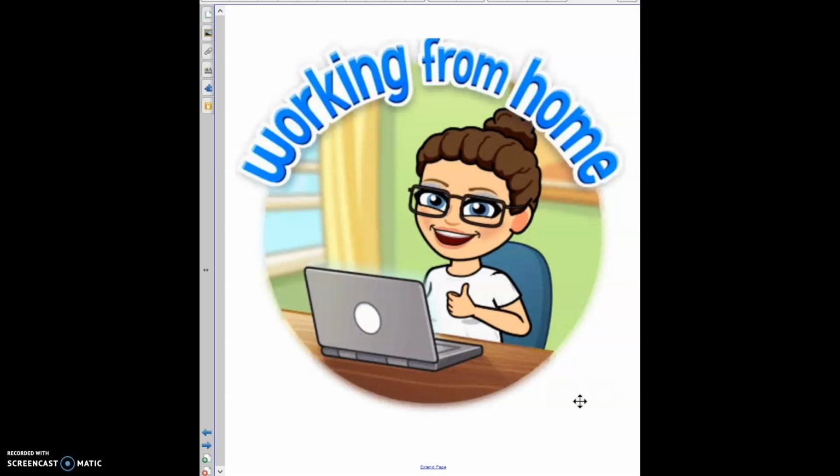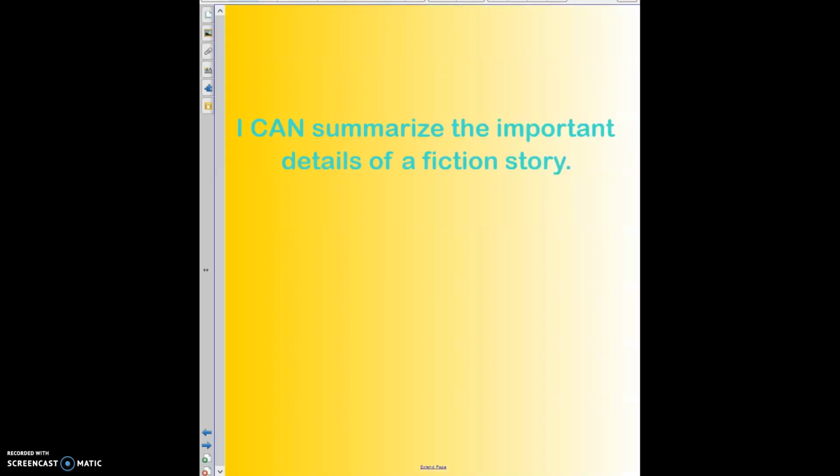So, yesterday we practiced determining the theme of a fiction story. Today, we're going to use that theme to help us summarize the important details in a story. So, as you know, a summary is just a quick retell of the important details of a text.